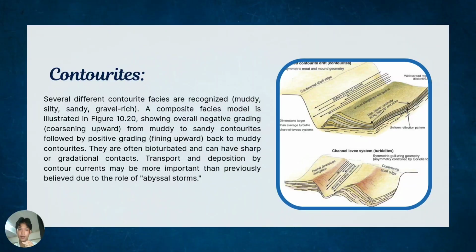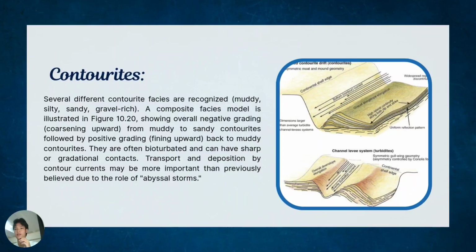They are often bioturbated and can have sharp or gradational contacts. Transport and deposition by contour currents may be more important than previously believed due to the role of abyssal storms.